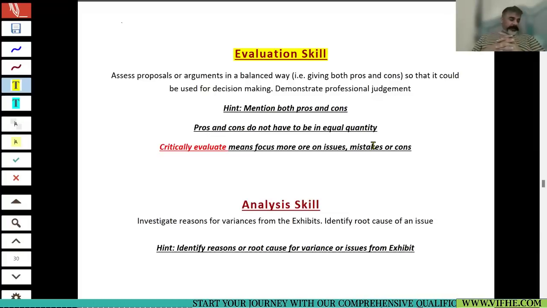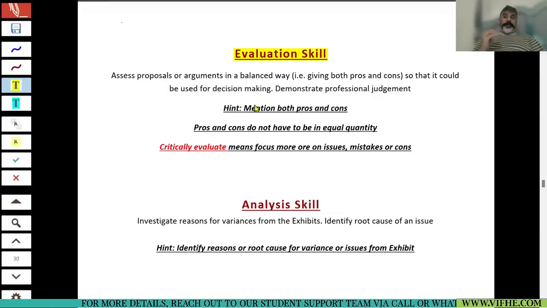For example, let's evaluate the ACCA degree. If the question says evaluate ACCA's degree, what will we do? We will first identify some good points. What are the advantages of ACCA? It's global, it's popular, employers prefer it, it has less time, it's easy entry, and so on.